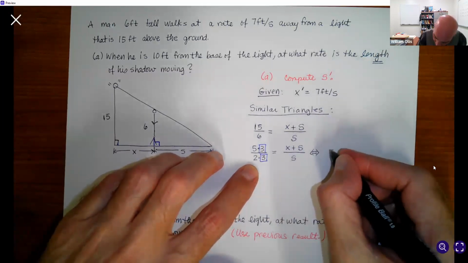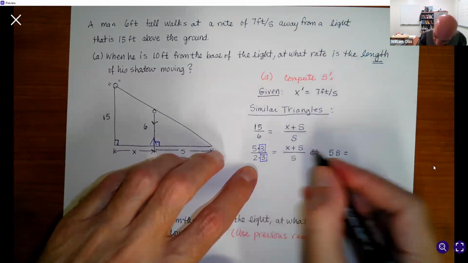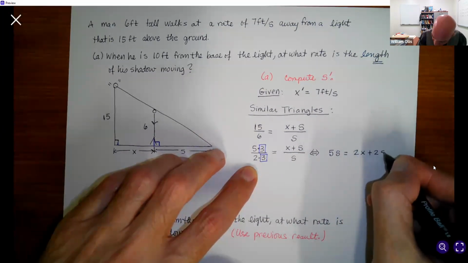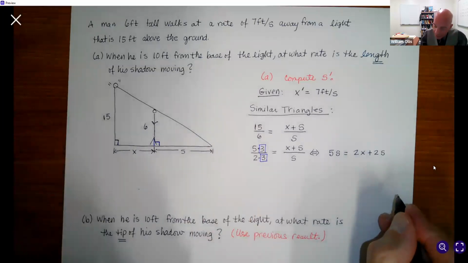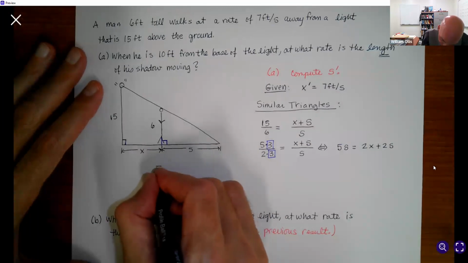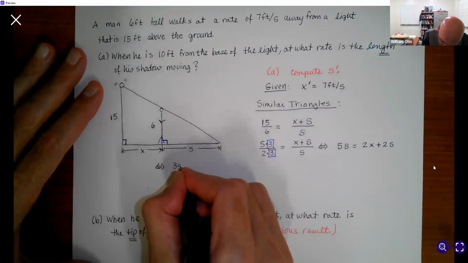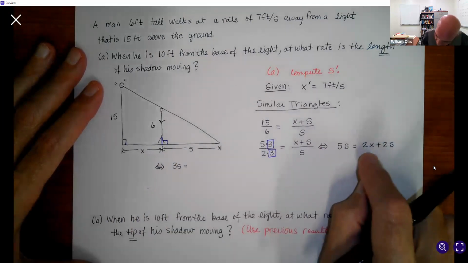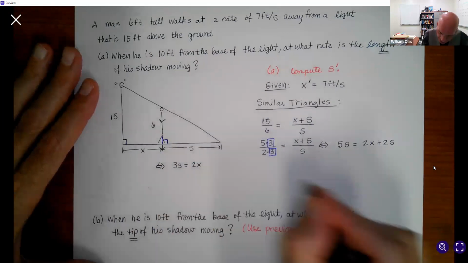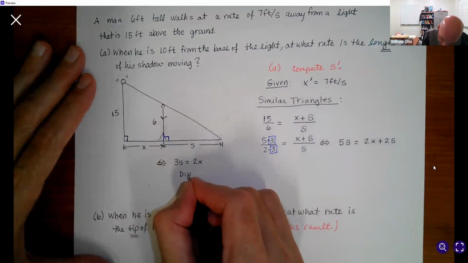So we're going to have a 5 times an S equals 2X plus 2S, just proportion, okay? And now just combine like terms. So this is really simple. So we have what, 3S equals, in this case, 2X. I mean, how simple is that? Now we can differentiate.